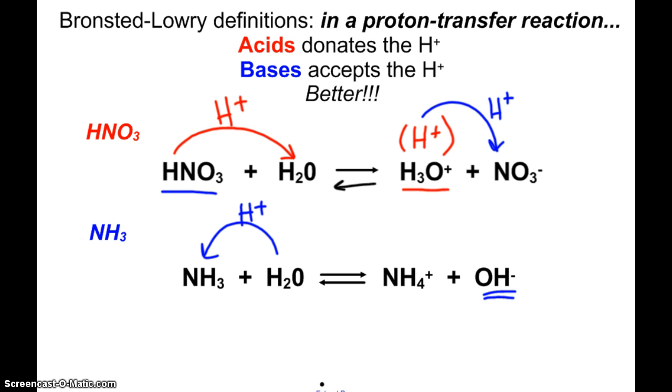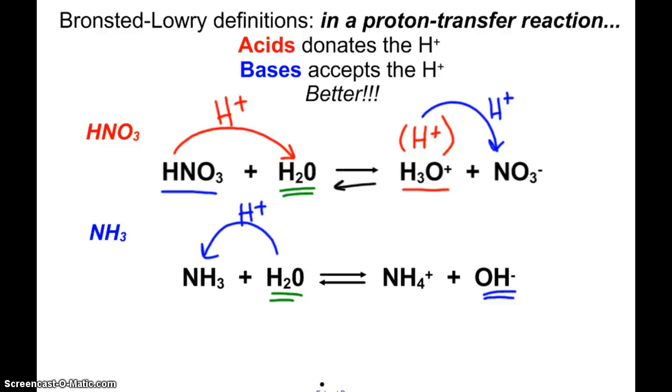You'll also notice now, water accepted a hydrogen ion, donated a hydrogen ion. Water has that crazy ability to do both. It's a substance, we call it amphoteric, when it can act as both an acid and a base, donating and accepting a hydrogen ion. And again, we'll study water and its self-ionization and the ion product constant of water in second semester.